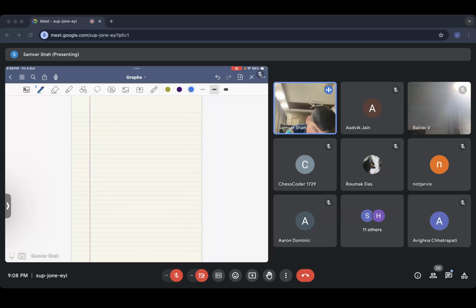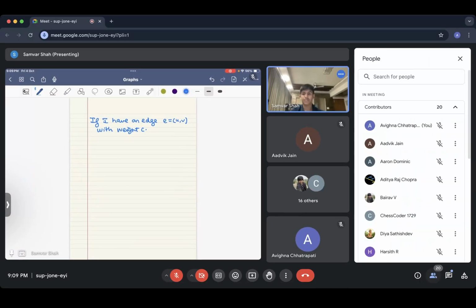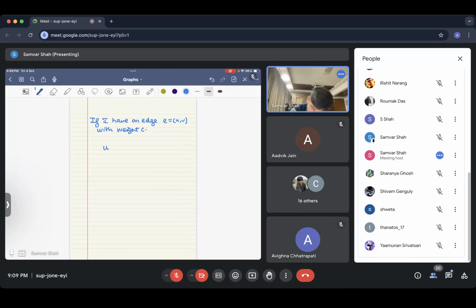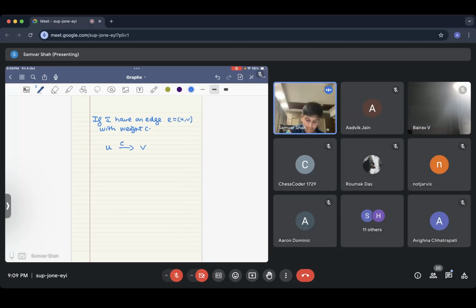If I have an edge E equals (U, V) with weight C, U to V with weight C, is this not equivalent to having U to some vertex to some vertex to V, each of these of cost 1?